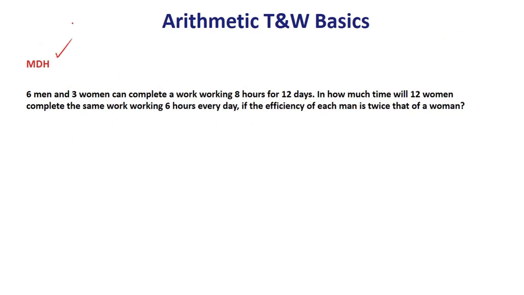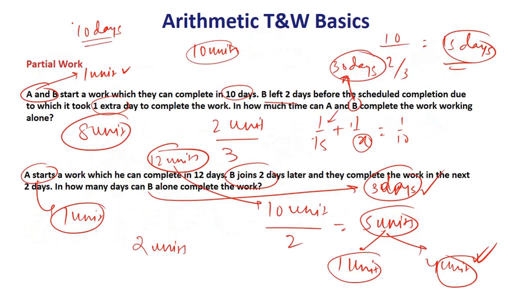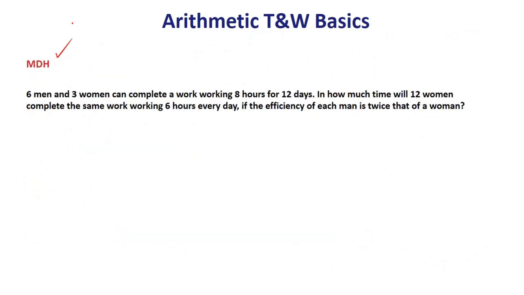Next key type of questions is MDH. In time and work, you will have close to 50-60% from here and 30-40% from MDH, or you may have some 10-15% miscellaneous problems or pipes and cisterns, etc. Let's see. 6 men, 3 women can complete a work working 8 hours for 12 days.